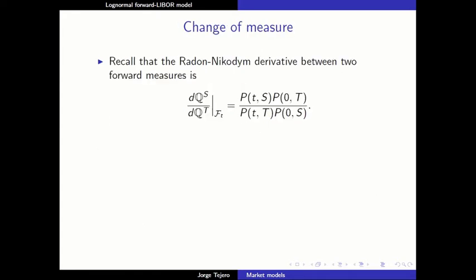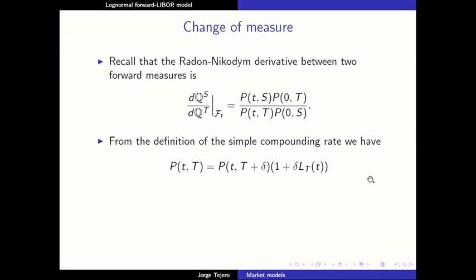In order to perform a change of measure, we can use the Radon-Nikodym derivative. Recall that the Radon-Nikodym derivative between two T forward measures is given by this quotient of zero-coupon bonds.